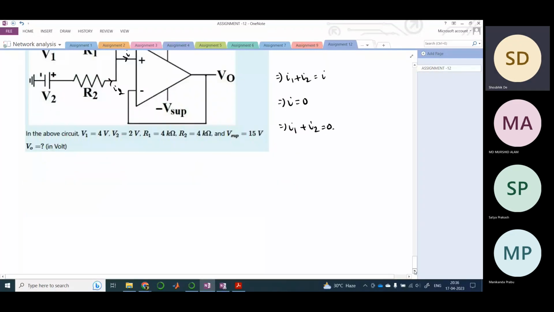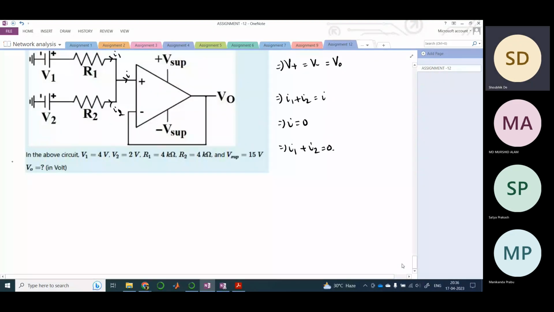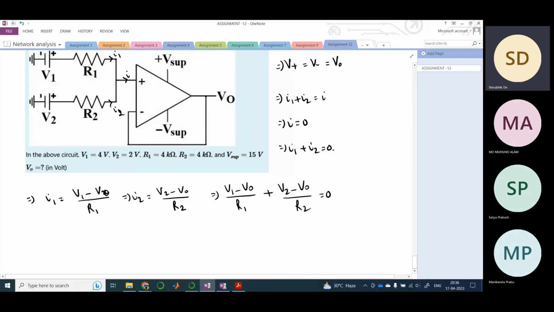So now you can directly apply. What would be I1? It would be V1 minus V0 divided by R1, and I2 is V2 minus V0 by R2. So (V1 minus V0) by R1 plus (V2 minus V0) by R2 is equal to 0.